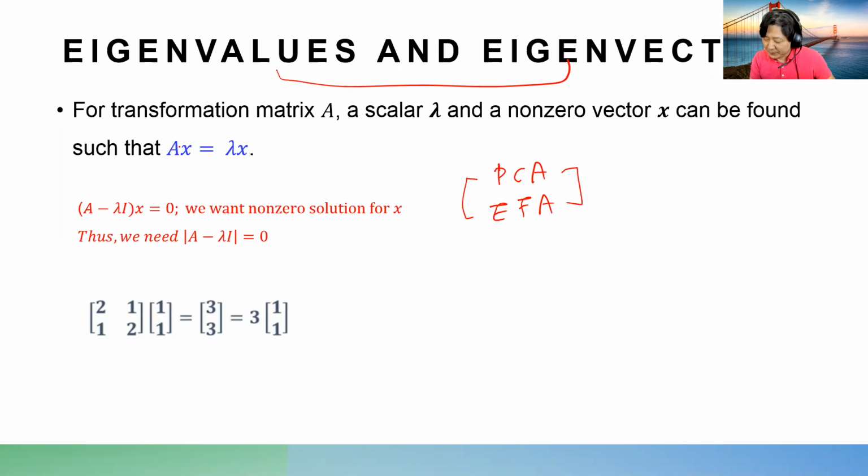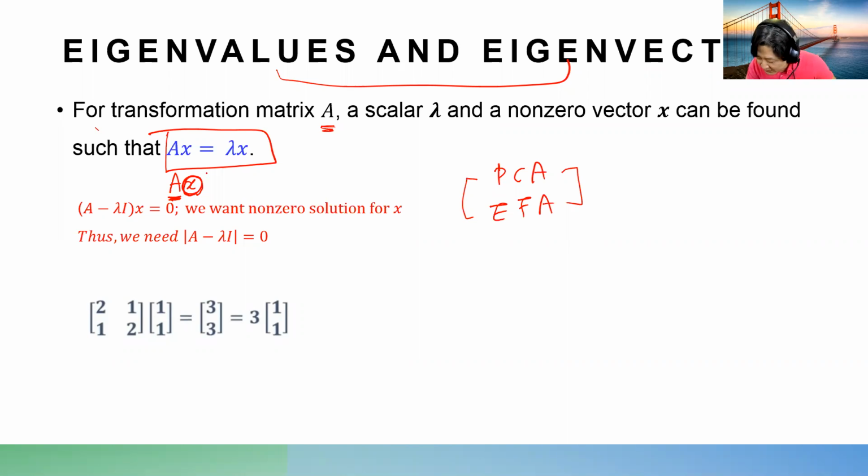So here, for the transformation matrix A, like I said, let's say we have some vector x, and we have some matrix. Like I said, a matrix does a linear transformation, right?